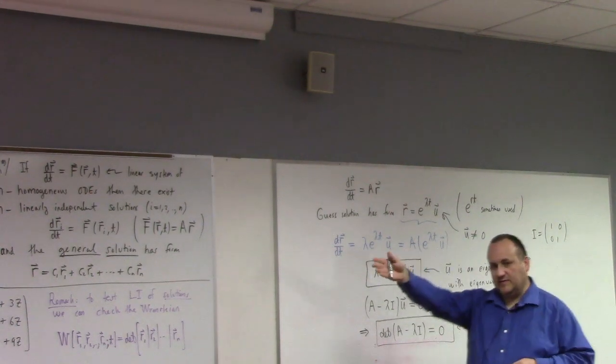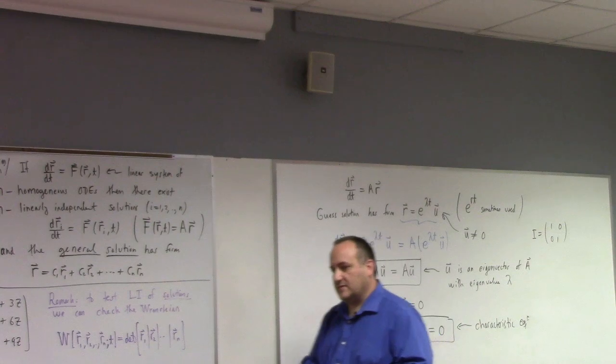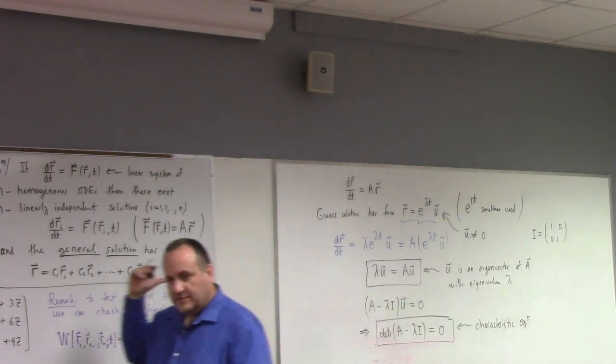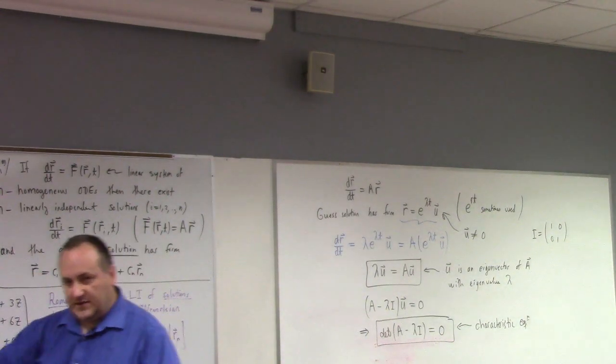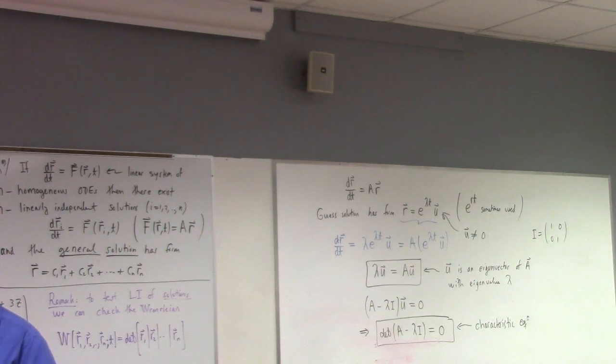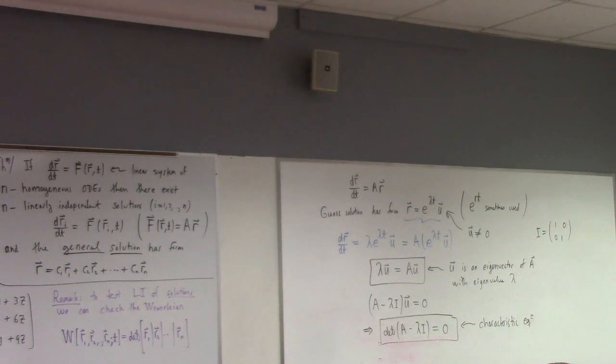You write down the system, you find the matrix of the system, you write down the characteristic equation, you solve it, you find the eigenvalues. From those, you find the eigenvectors, and that gives you solutions, so-called eigensolutions. You take a linear combination of those, like I told you in the theorem over here, and that's a solution when it works. So we'll look at when it works next time, and then we'll see when it doesn't work.